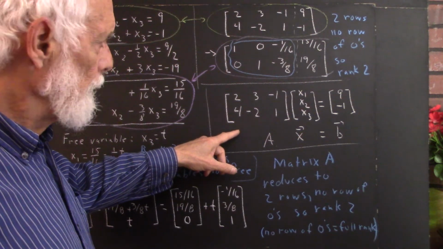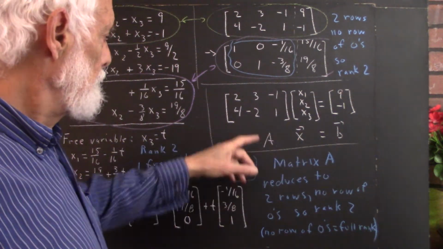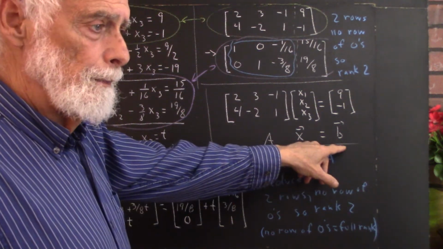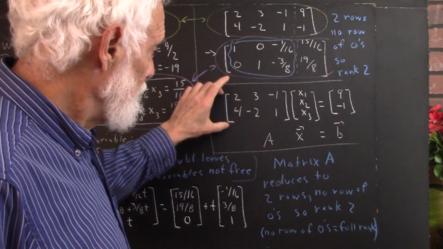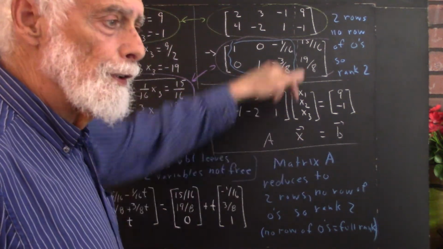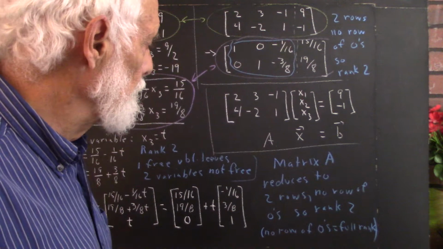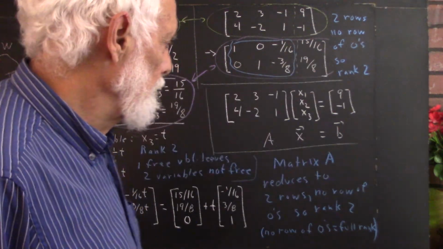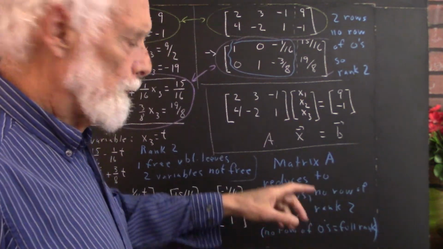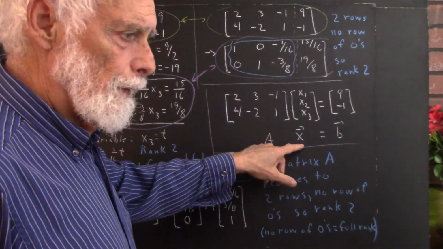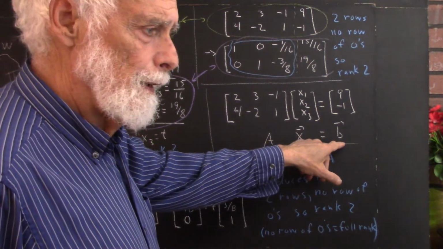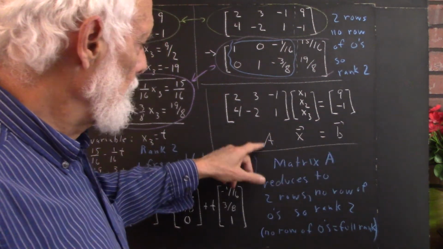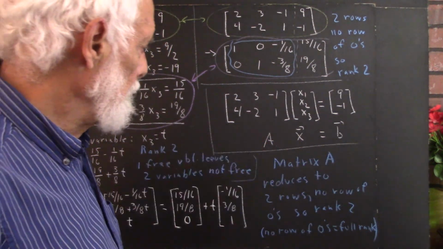Now we can also write this as a matrix equation, AX equals B, where A is a matrix. You see the matrix here. X is the column vector x1, x2, x3. And B is your vector 9, -1, the target vector. So we're trying to find the value of the x vector that gives us the target vector, and we do that by matrix multiplication.